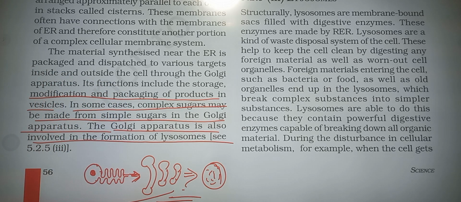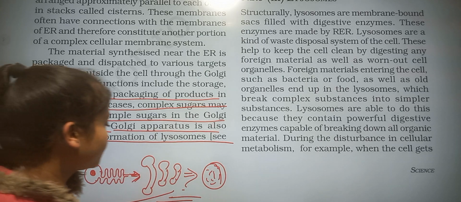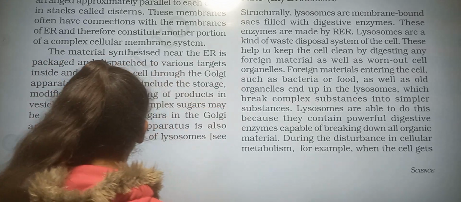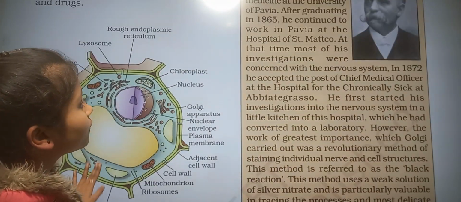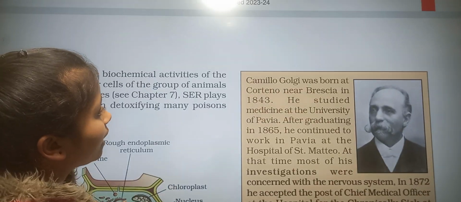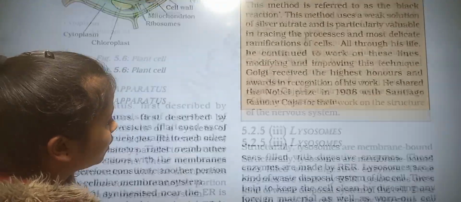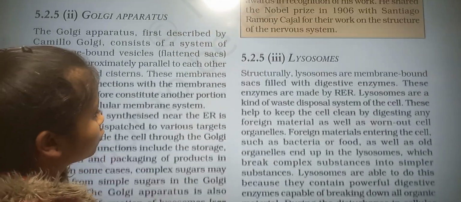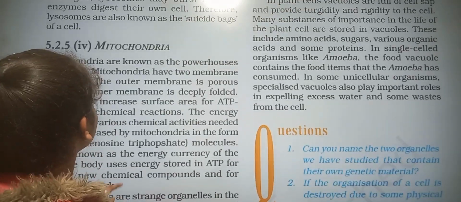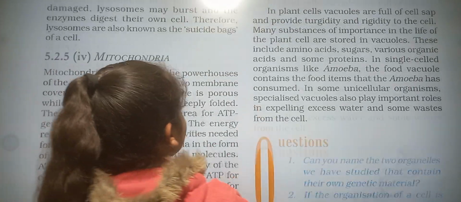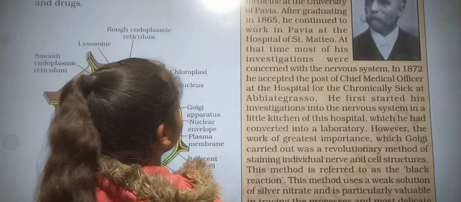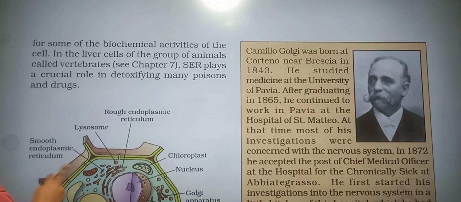So this is the cycle. Here is about Camillo Golgi. And now the next one is lysosome. We have to read about the lysosome and then mitochondria. So let's see about Camillo Golgi.